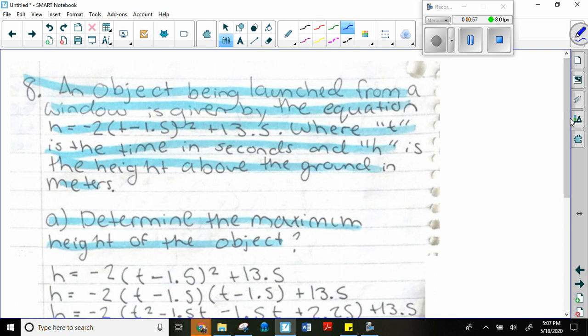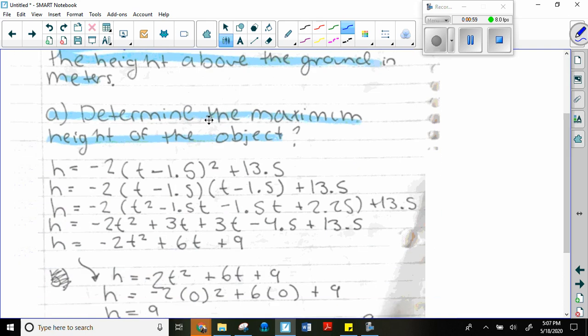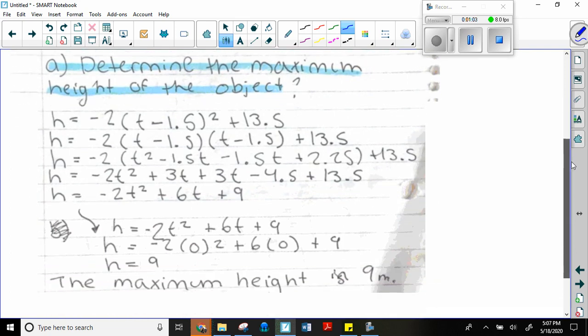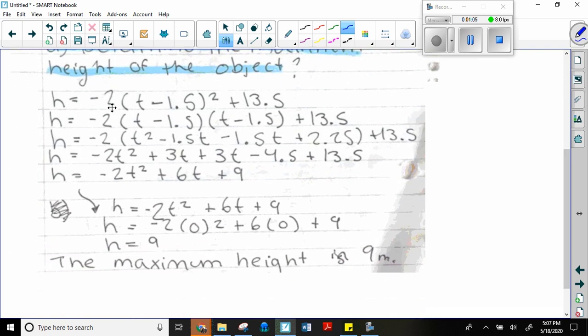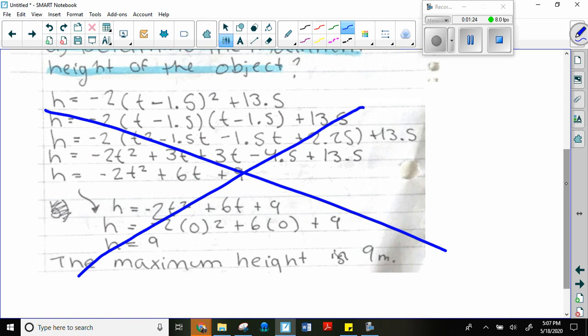And this question wants to know the first part, determine the maximum height of the object. Now, you are doing some awesome math here. You even did the brackets correctly. This is looking solid. But guess what? It is all obsolete because they actually gave you the answer to A in the question.